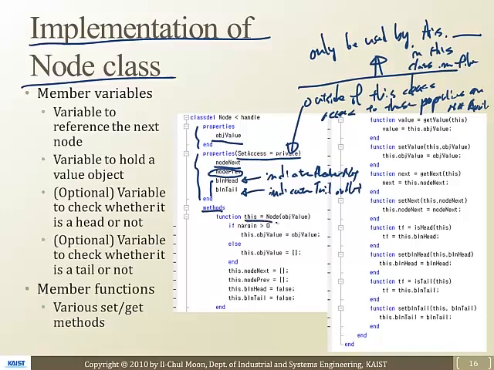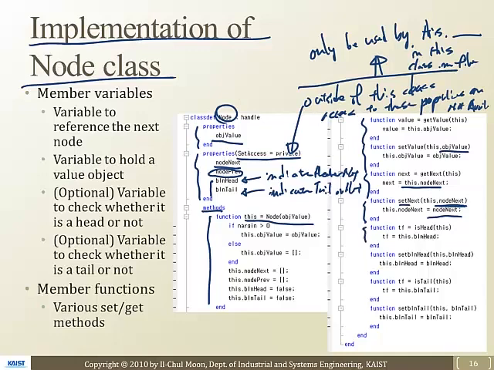And the methods are this. We have, of course, this special method called constructor here. And we have all these: get value, set value, and get next, this node's next, and set next, this node's next. So this node will come in as node next, right? And this object value can be any value, right?